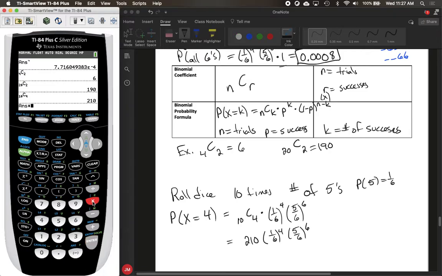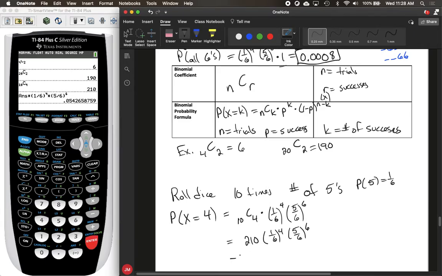So our answer multiplied by, in parentheses, 1 out of 6 to the power of 4, and then multiplied by 5 out of 6 to the power of 6. And so that's going to be equal to 0.0543 when you go out to 4 decimal places.